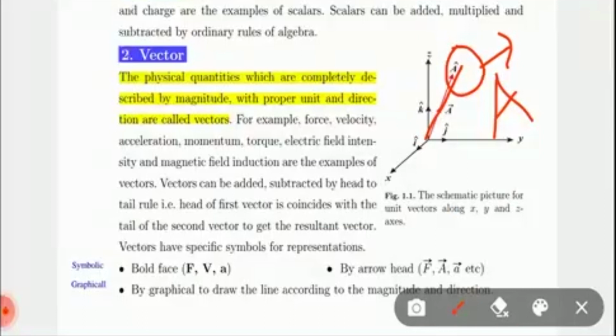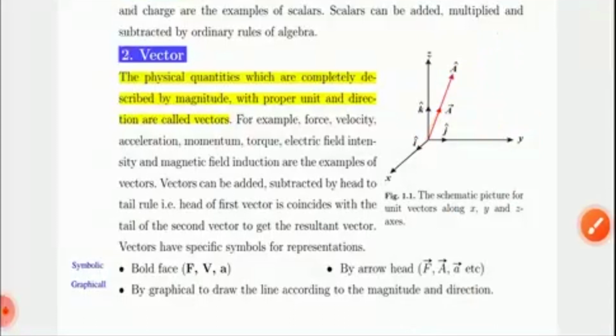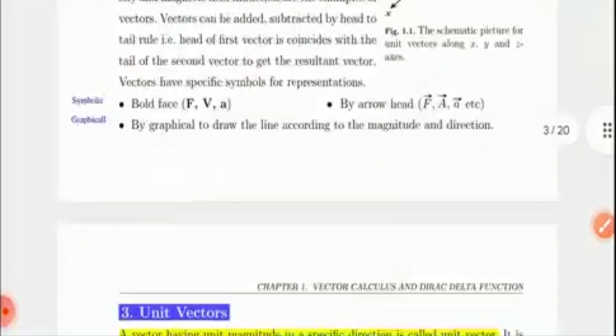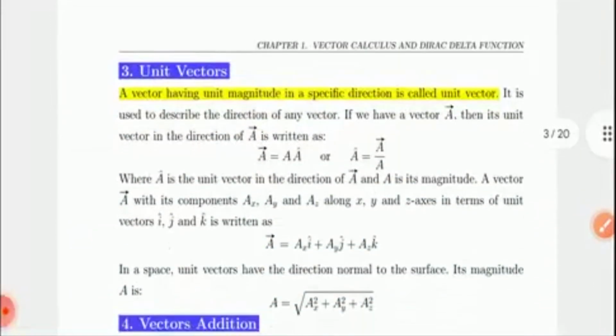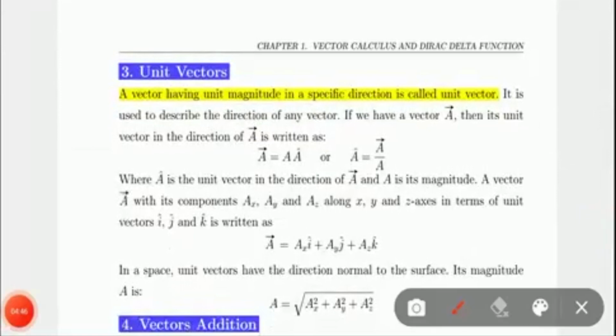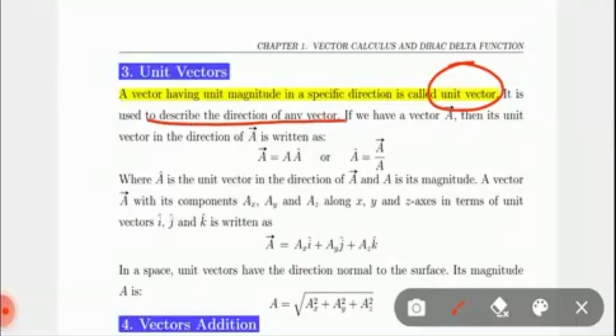Let us move to the concept of the unit vector. A vector having magnitude equal to 1, or unit magnitude, is called a unit vector. A unit vector is used to describe the direction of a vector.